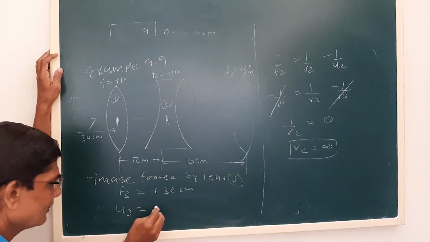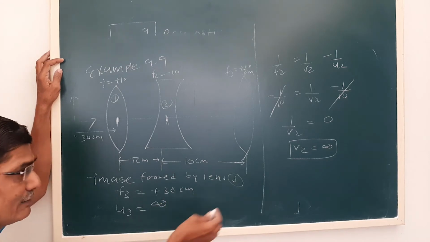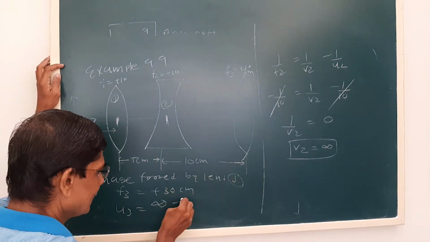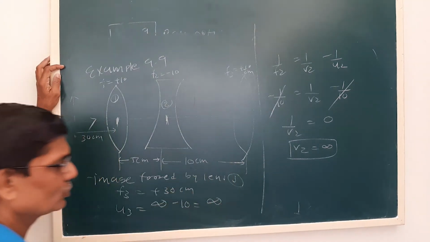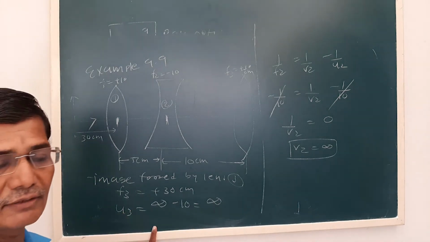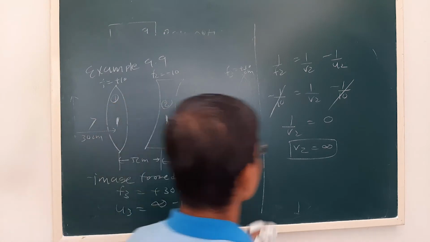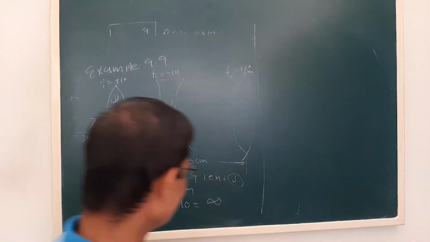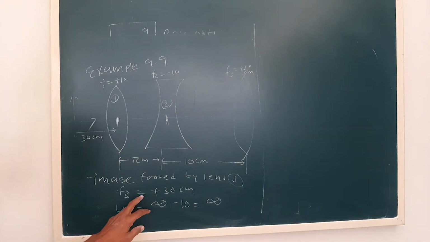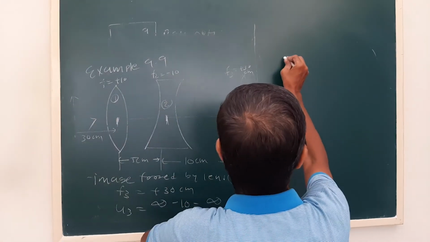So suppose our U3 will be infinite, that we have obtained. If I subtract, there will be no change. Why? Infinite minus anything will not change, so it will remain infinite. So for lens 3, the focal length is 30 centimeter and the object distance is infinite.